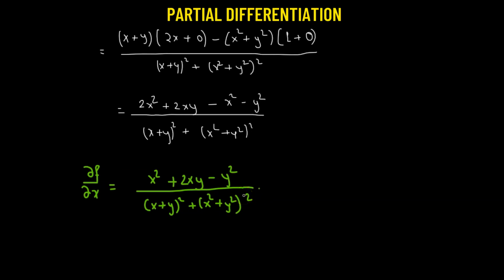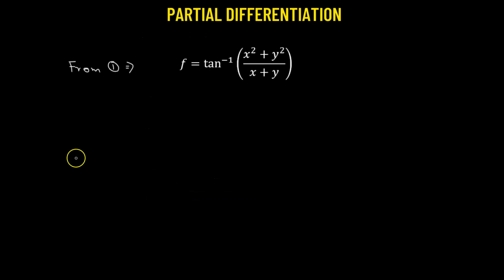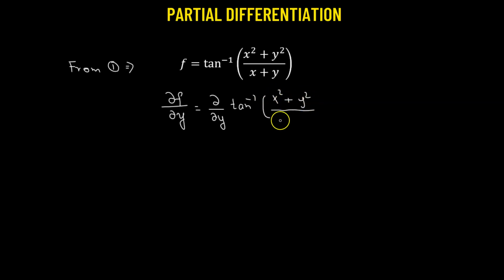Next, we'll find the partial derivative of our function f with respect to y. Let's do that. From equation number 1, we again consider our original function f. We'll take the partial on both sides with respect to y. So here we have the partial with respect to y of the inverse tangent of x squared plus y squared divided by x plus y.